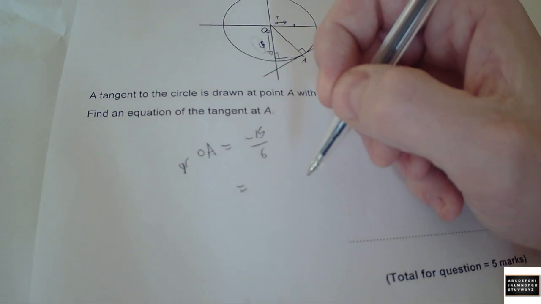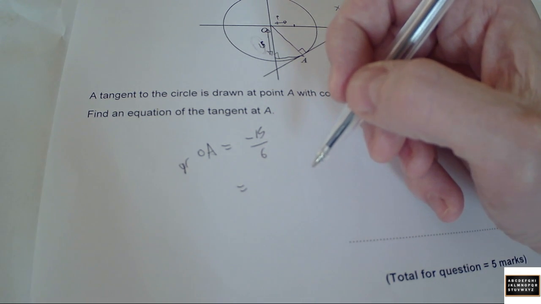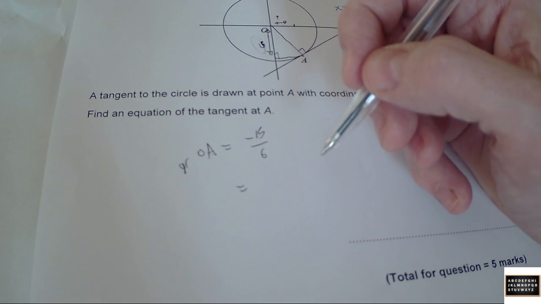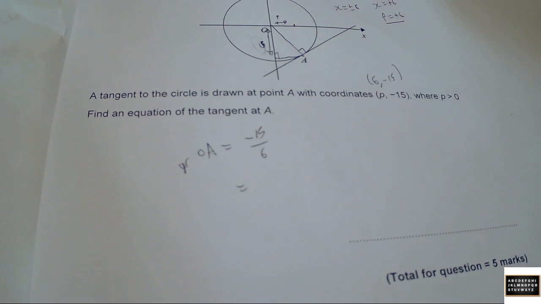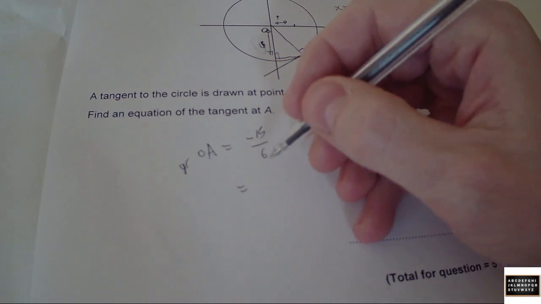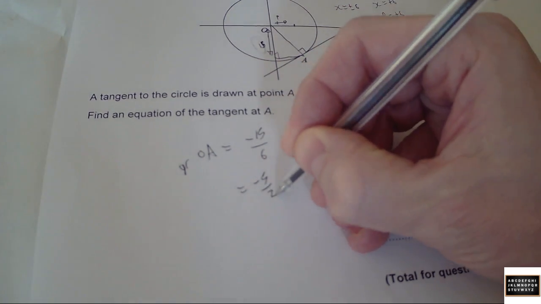You have to work your way through that and understand what that is. And if you do that carefully, you'll be able to get that in its lowest terms. So minus 15 over 6 will be minus 2.5, so minus 5 over 2.